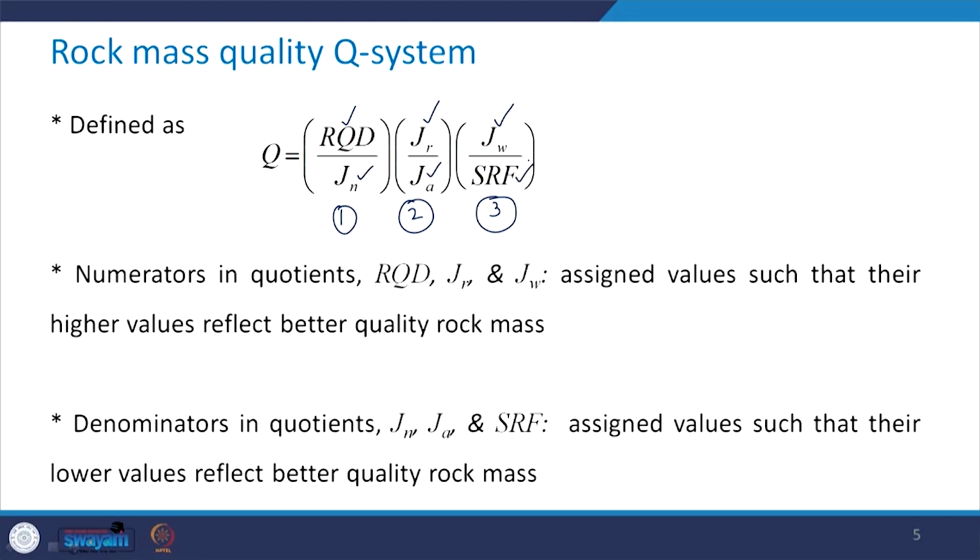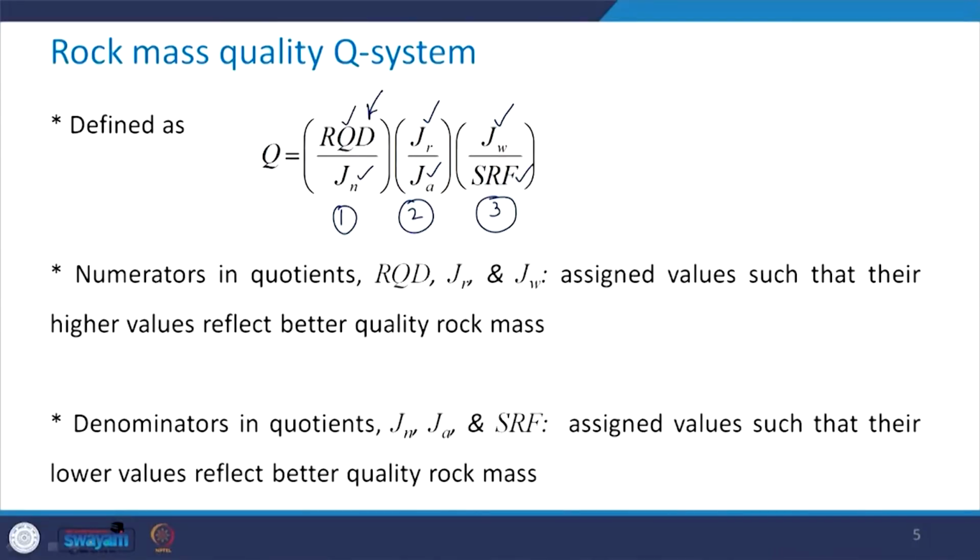So, these 3 parameters and their values are such that their low values reflect better quality of rock mass. So, the moment these quotients are higher, it will give us the representation for the better rock mass. So, this is an important point.